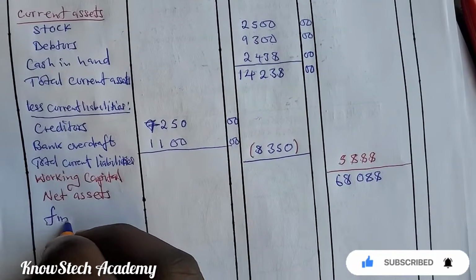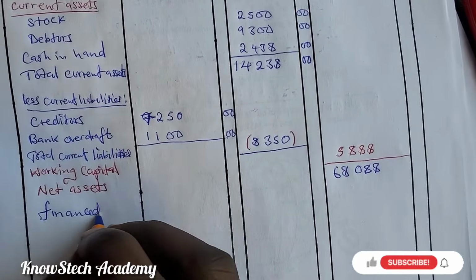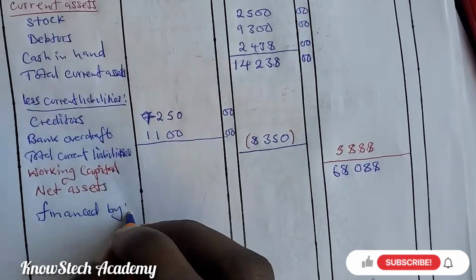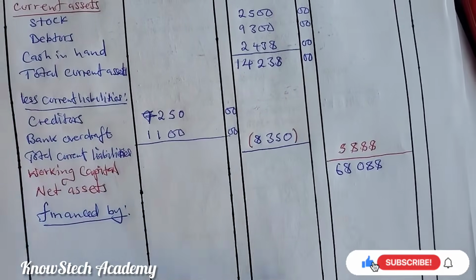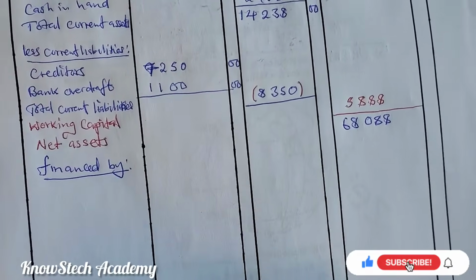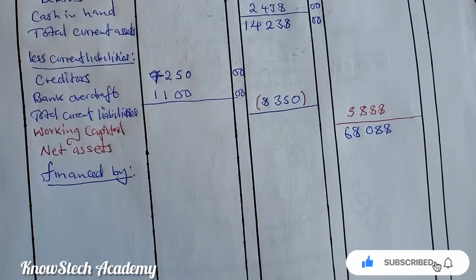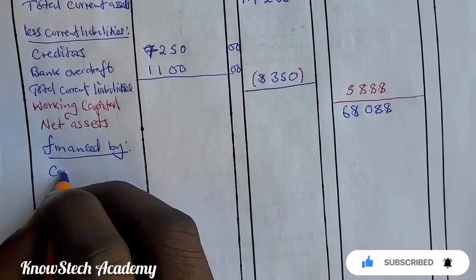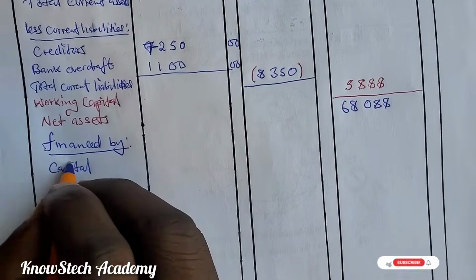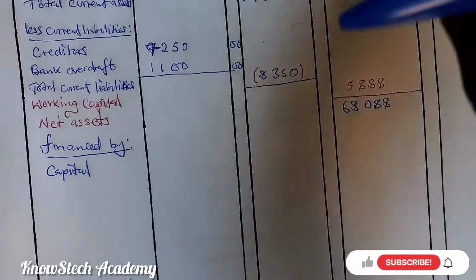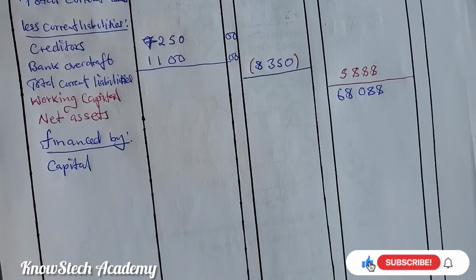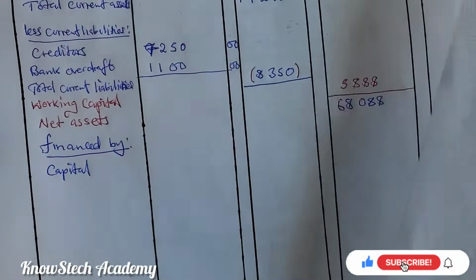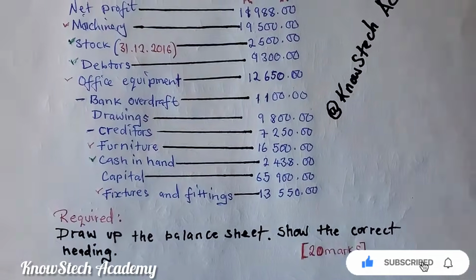So here we're going to write financed by. Okay, financed by. So this business is financed by capital. So we're going to start with the first one, capital. Then we're going to check on our list if at all we have capital, of which we should have.